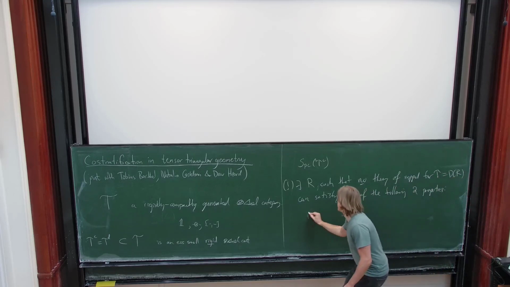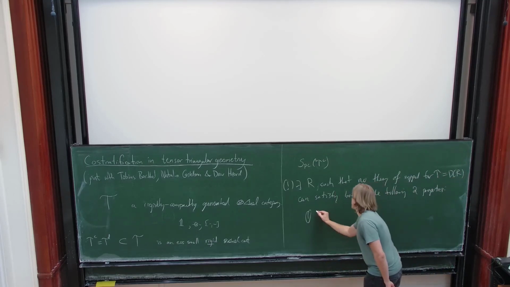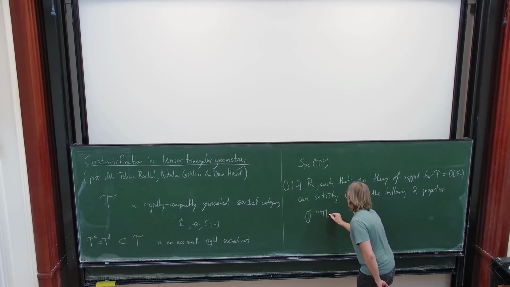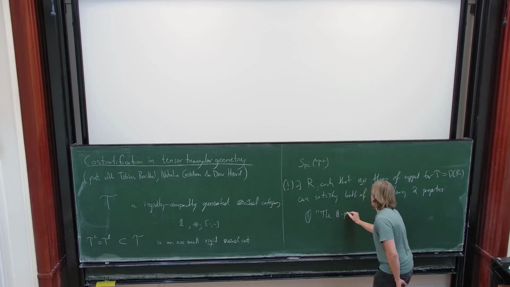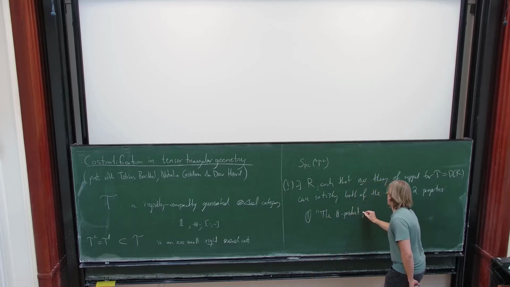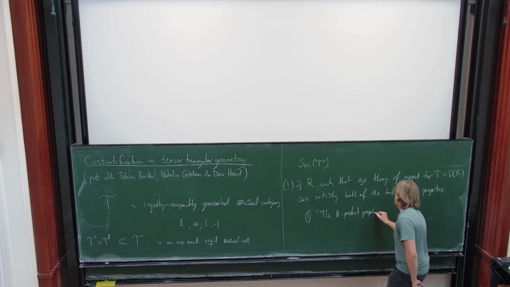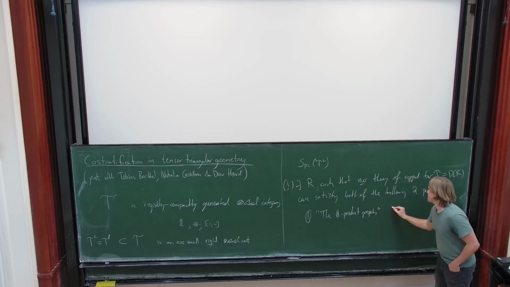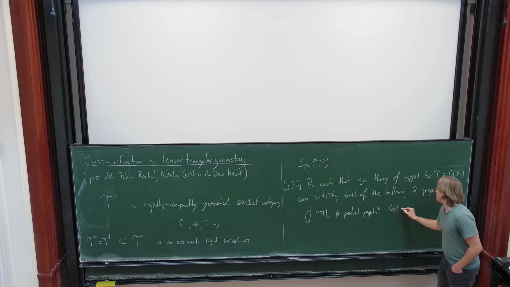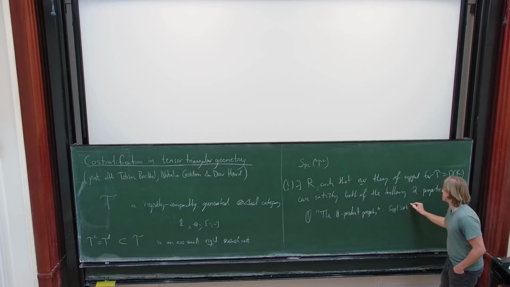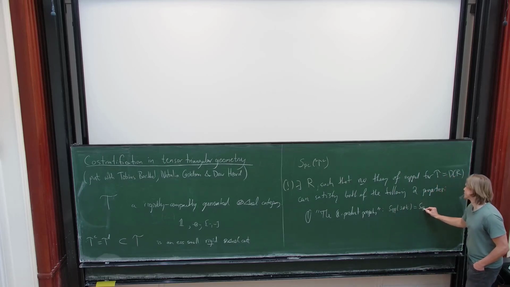First one is, let's say, the tensor product property, saying that the support of the tensor product of two objects is equal to the intersection of the supports of those two objects.